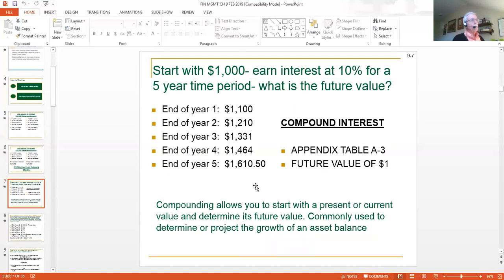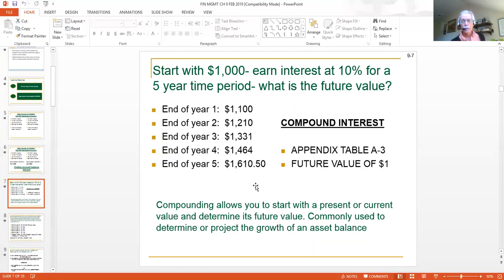This slide shows us what happens in the background of Excel as we use the Excel formulas to solve for time value of money problems. In this case, we took $1,000 as a present value amount, earning 10% per year.